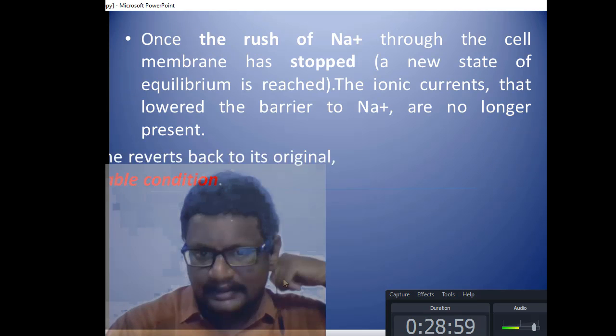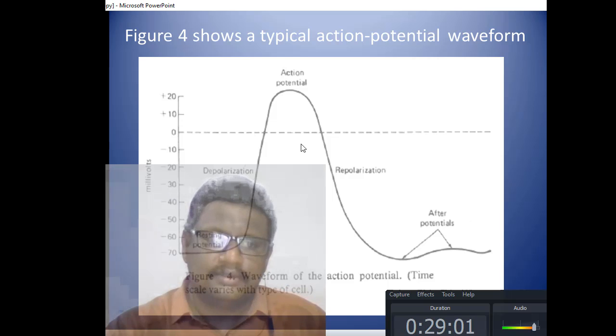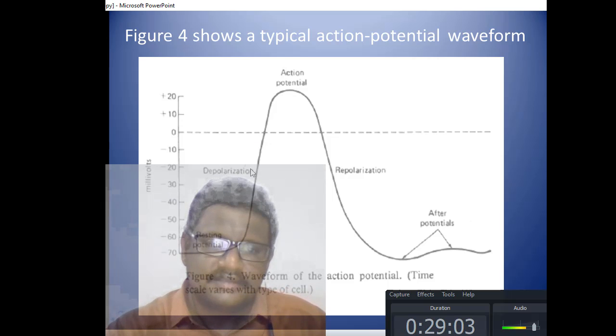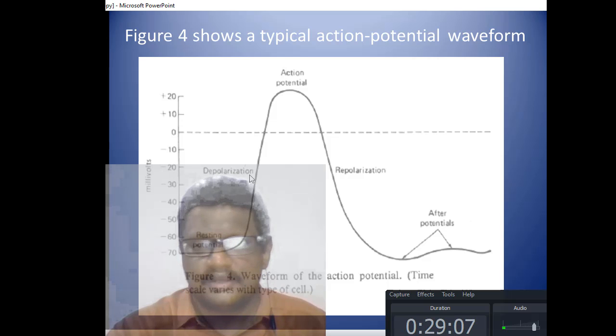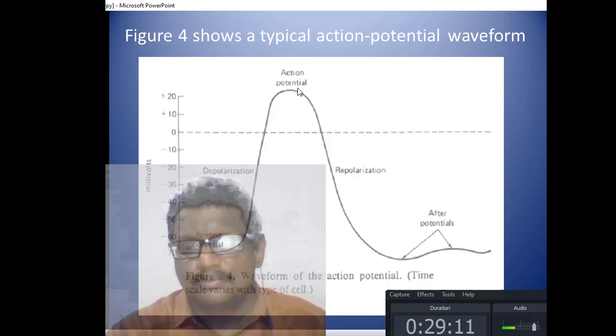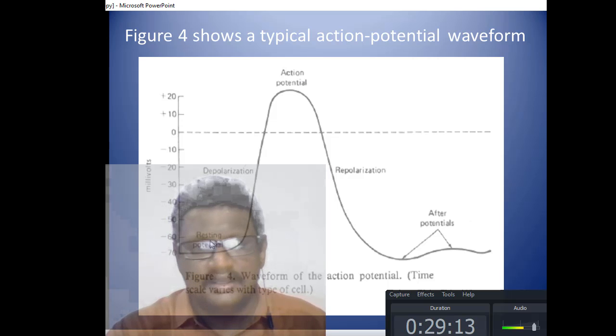When you look at the graph, this process is called depolarization. Depolarization is a process, but the state you call the action potential or depolarized state. Similarly here, the polarized state.